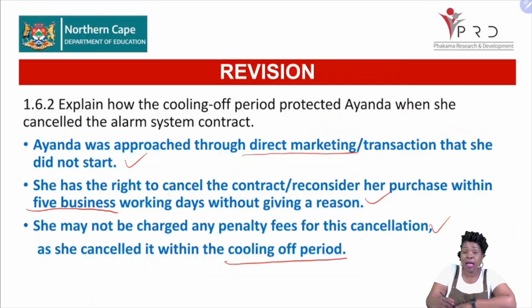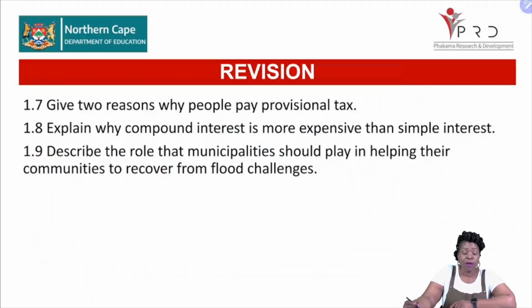So I'm still trying to bring to your attention that the cooling off period is when a consumer is given 5 working days to cancel a contract that is initiated through direct marketing without giving any reason or any financial implications, right? We're done with 1.6.2. Let's go to the next question.